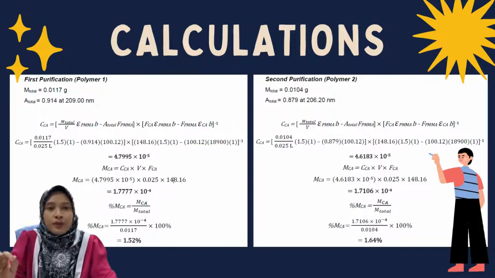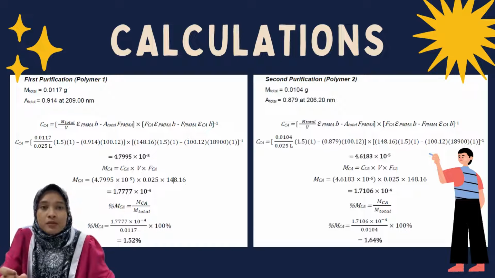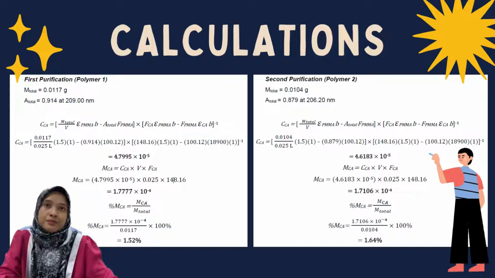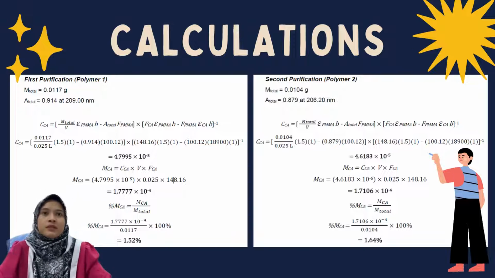So we take the value from the peak shown in the spectrum, and after calculating, we can get the percent of the cinnamic acid. The percent of the cinnamic acid present in polymer 1 is 1.52%.